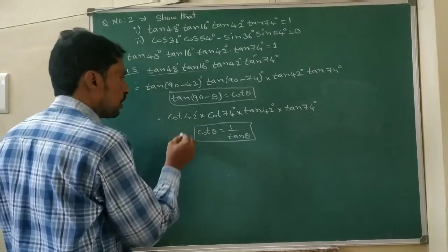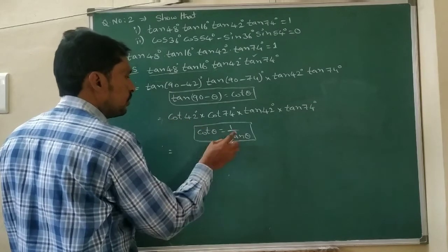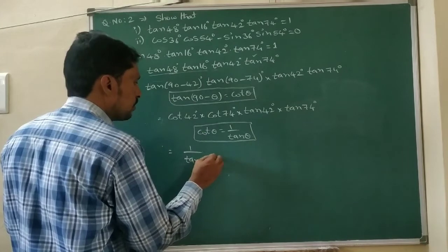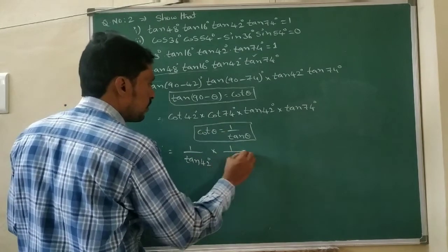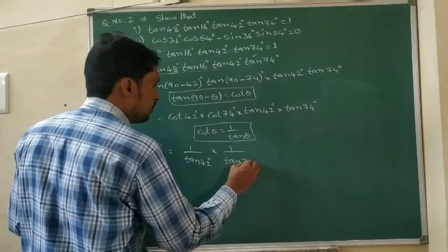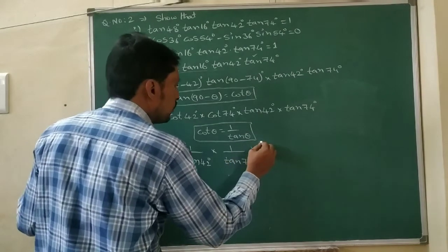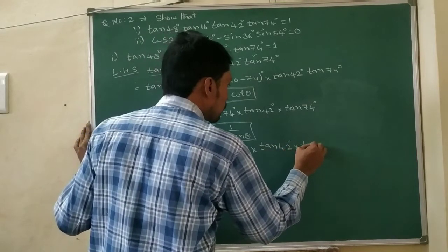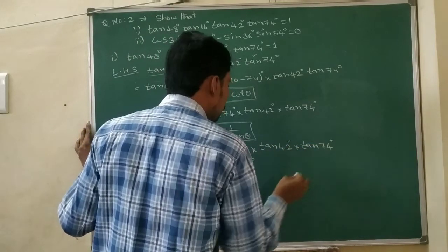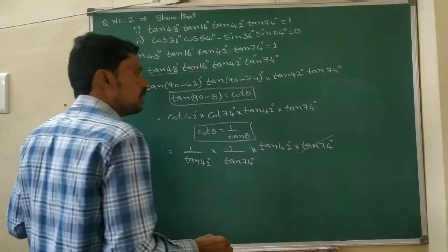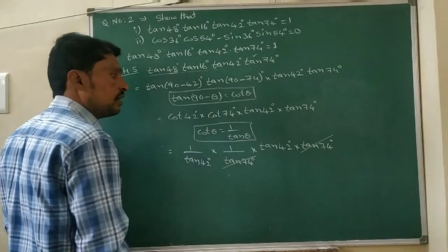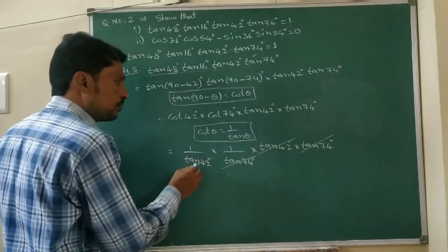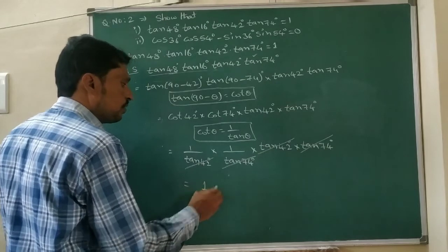So we apply it here: cot 42 is 1 by tan 42, cot 74 is 1 by tan 74, into tan 42 into tan 74. Numerator tan 74 and denominator tan 74 get cancelled, tan 42 gets cancelled. That equals 1, we got it.